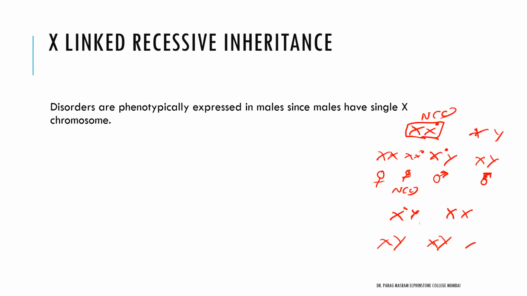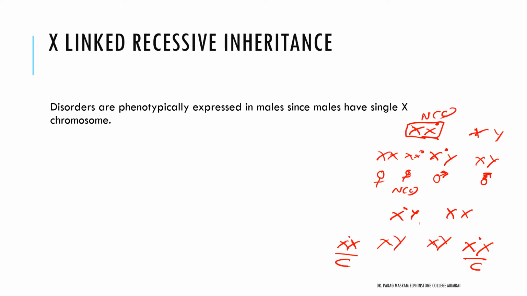But there's a 100% chance that both the daughters of an affected male will be carrier females. Both of them will be carrier females because the male is going to give only one X chromosome, which is the affected chromosome, to both the daughters.